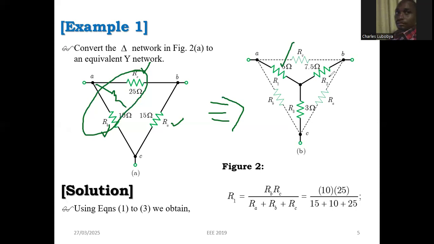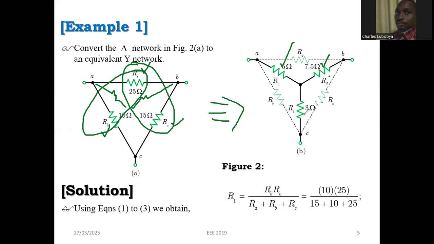To calculate your R2, again R2 will be somewhere here, so the adjacent resistors will be RA and RC, which is 25 multiplied by 15, divided by the sum of all the resistors connected in delta, which is 15 plus 10 plus 25, and you get the final answer as 7.5, which is your R2.